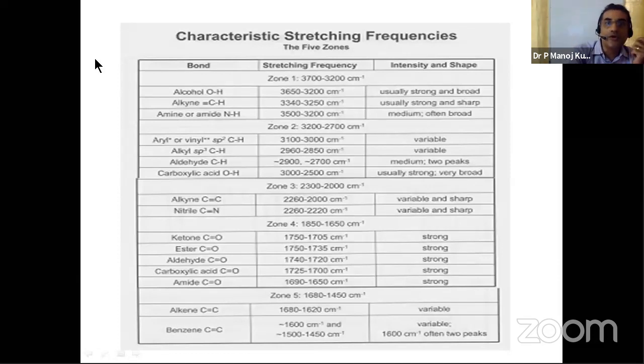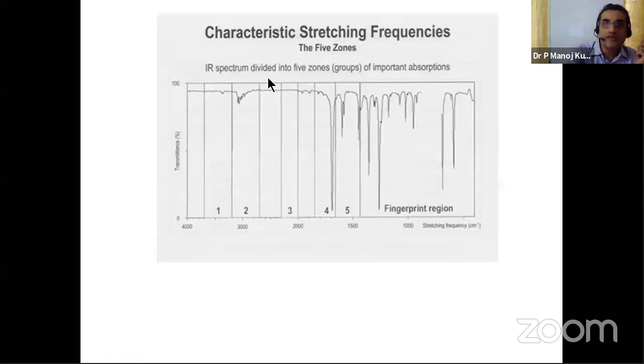Then coming to zone 2, you will get alkenic CH and aromatic CH, above 3000 to 3100 you will be getting, and below 3000 you will be getting the aldehydic CH. Already we have learned that 2850 to 2750 you will be getting aldehydic CH.